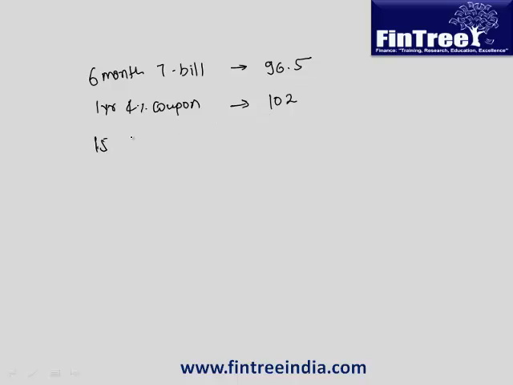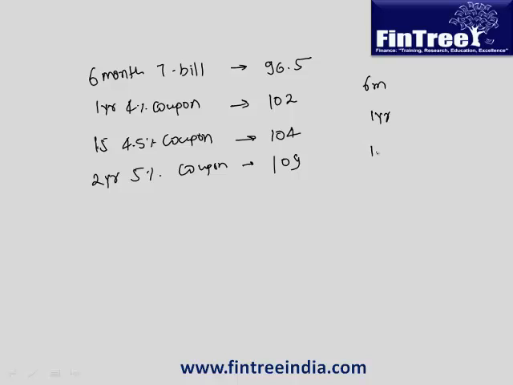A 1.5-year 4.5% coupon is available at 104, and a 2-year 5% coupon is available at 109. Calculate 6-month, 1-year, 1.5-year and 2-year spot rates.